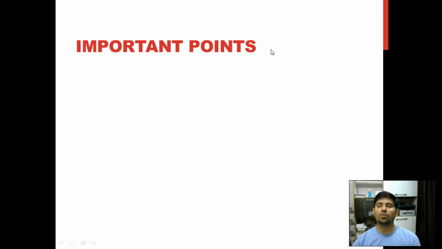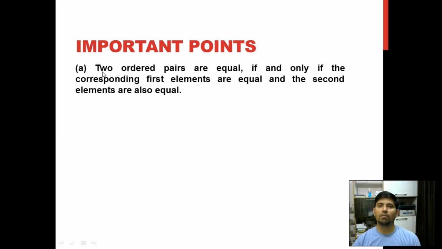Now we have to remember these points. First, two ordered pairs are equal if and only if the corresponding first elements are equal and the second elements are also equal. Let us suppose one example. Let us suppose we have x as the first element and y as the second element of an ordered pair, and these are equal to (2, 3).